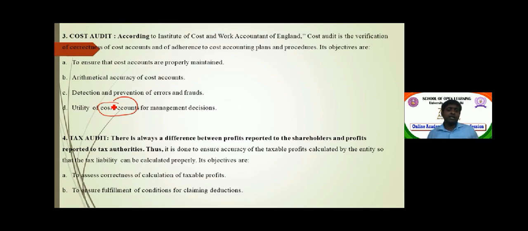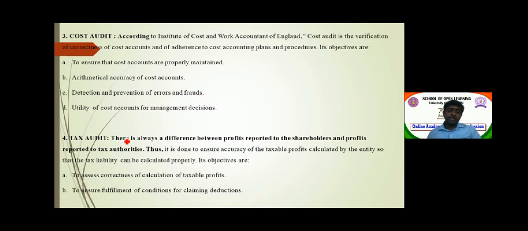Because until our information is authentic, how can I ensure that the values reflected in the cost statement or cost sheet can be relied upon easily by the management? So in order to make the values more reliable, and to make the cost accounts serve a utility to management decisions, the cost audit is to be conducted.